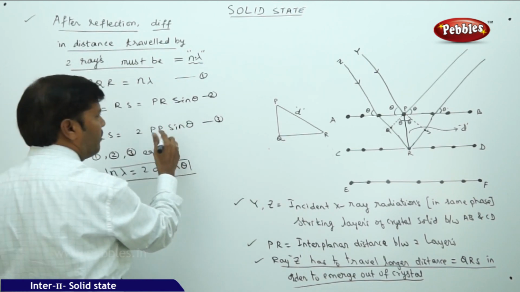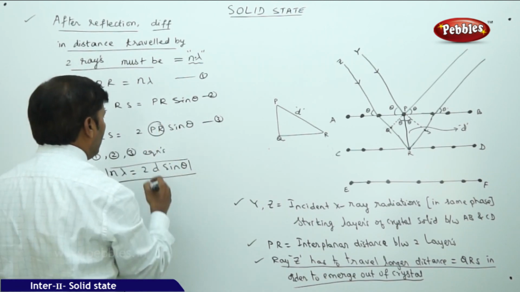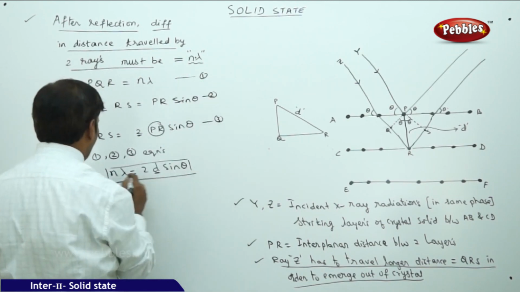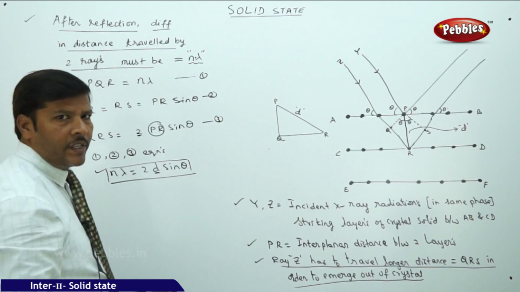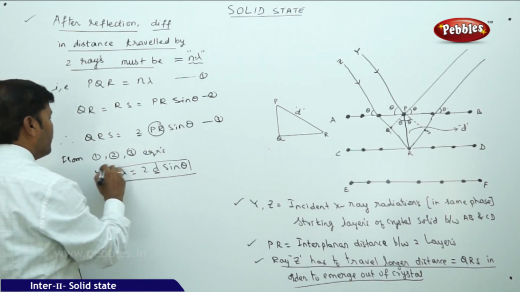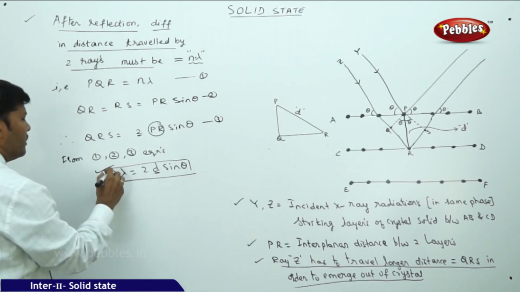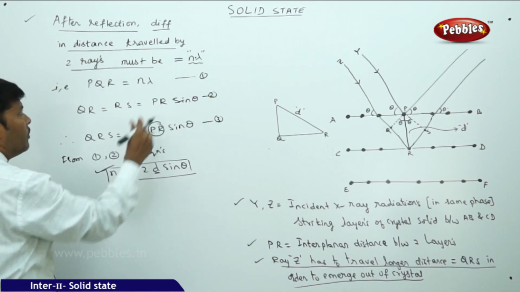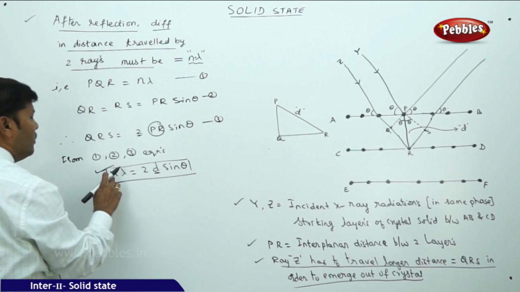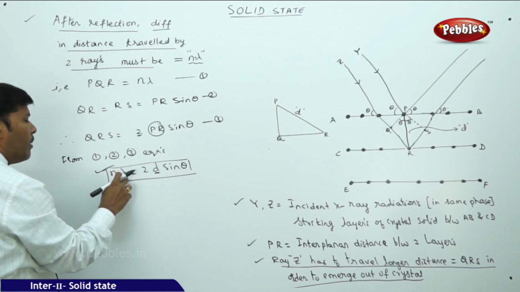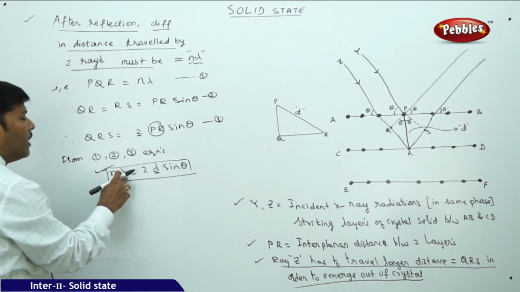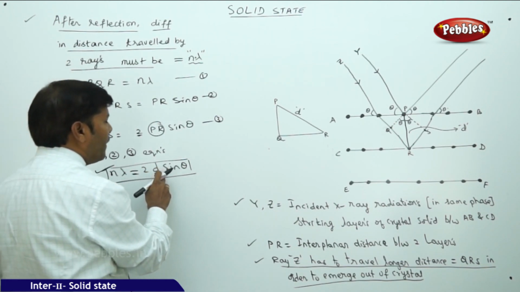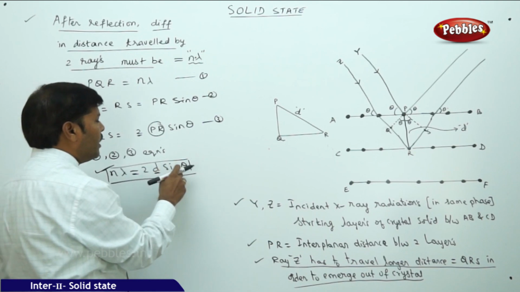Anyhow we know that PR is the distance, so in place of PR we substitute d. From these three equations we finally get the expression for Bragg's equation. The final expression is: n into lambda, the integral multiple of the wavelength of the X-ray radiation, is equal to 2 into the interplanar distance d multiplied by sin theta.